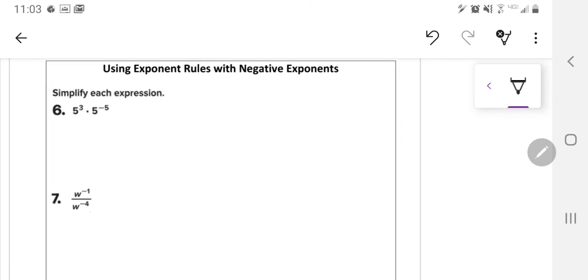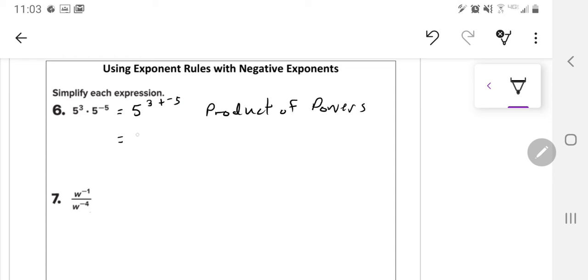All right, so which of the 4 rules can we apply on this first one? That is the product of powers property. Look it up in your notes for the quiz the other day, and you'll see that we keep the base and we add the exponents. So that's 3 plus negative 5.